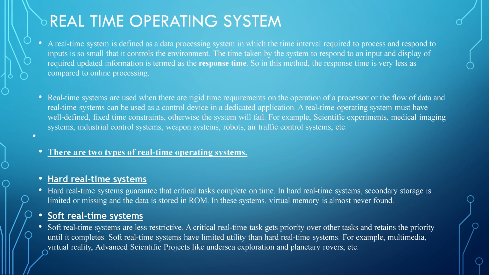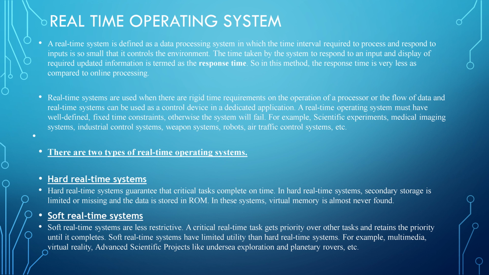Real-time systems are used when there are rigid time requirements on the operation of a processor or the flow of data, and real-time system can be used as a control device in a dedicated application.